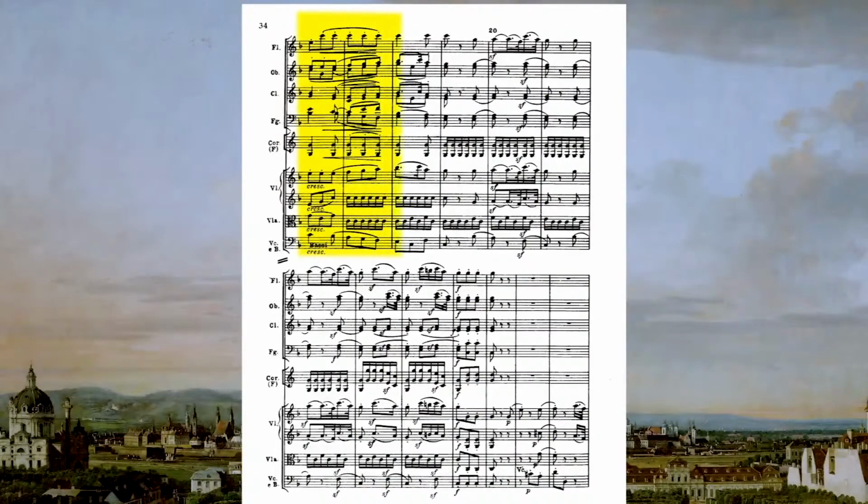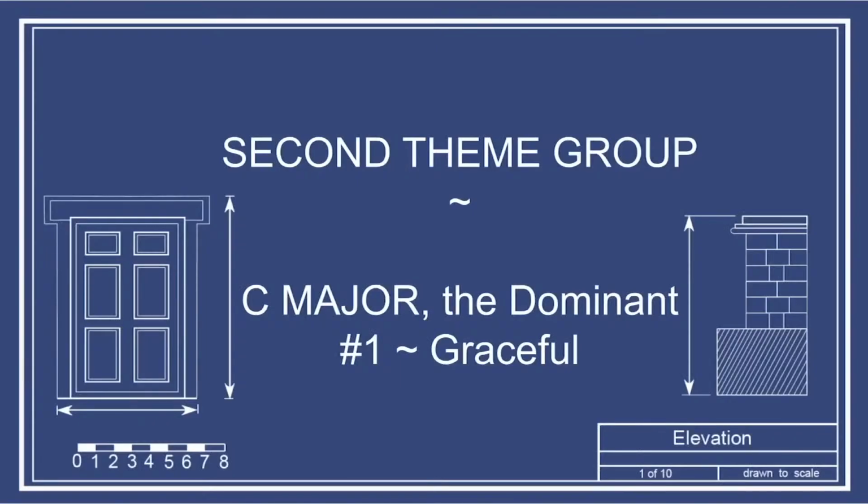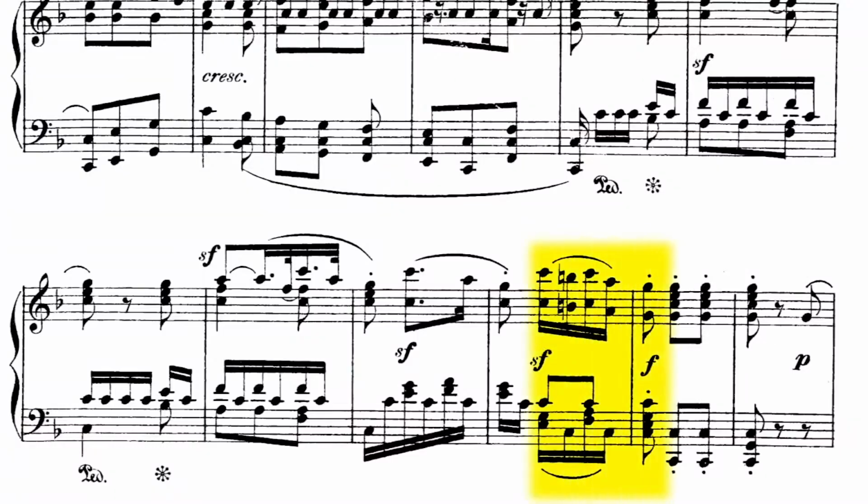But now, as things progress, we notice more interesting features. The theme you've just heard cadences in C major. That's the dominant key of F. And a new theme is heard now, also very graceful and charming, and also in C major.